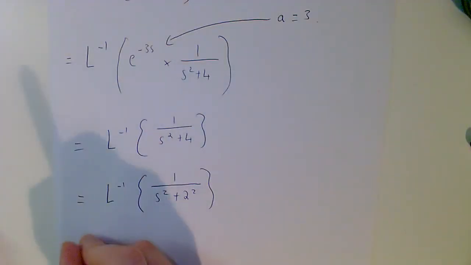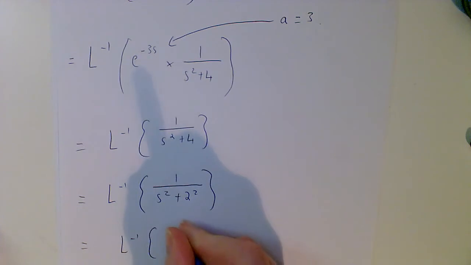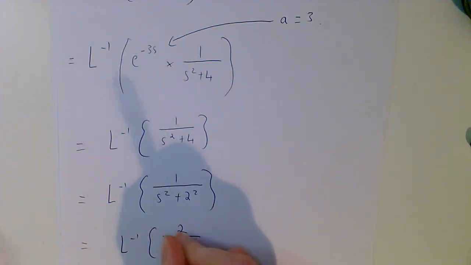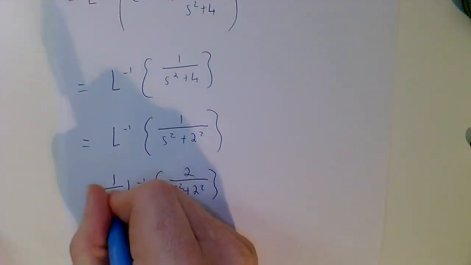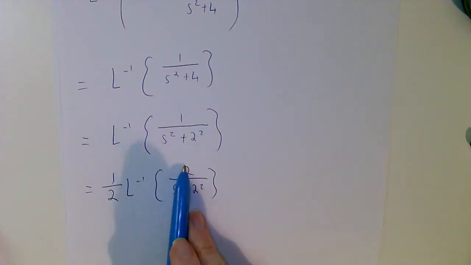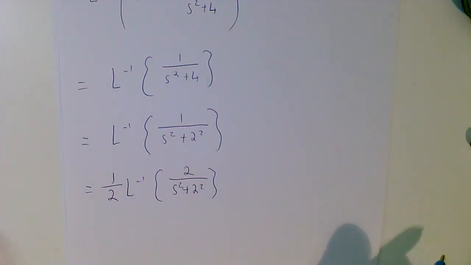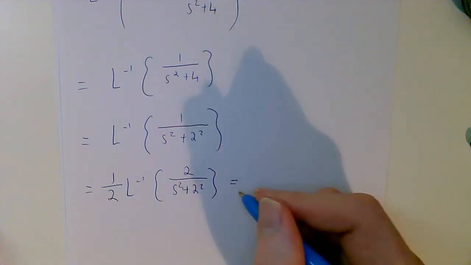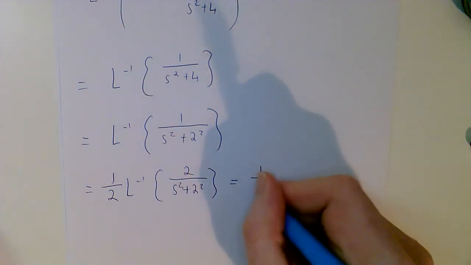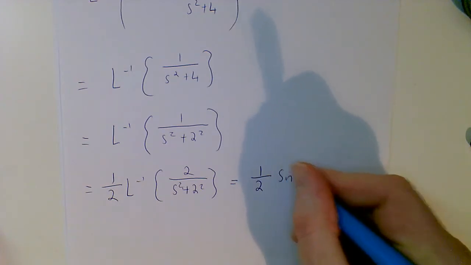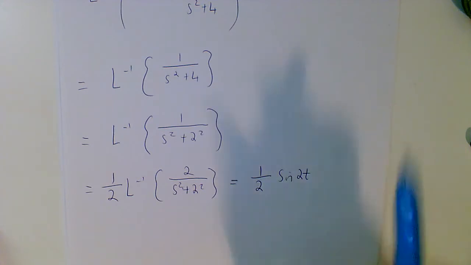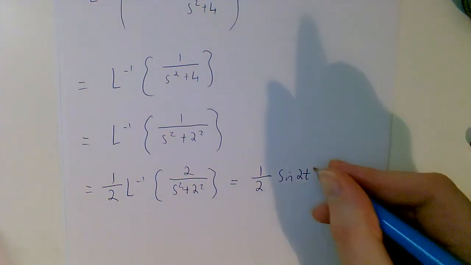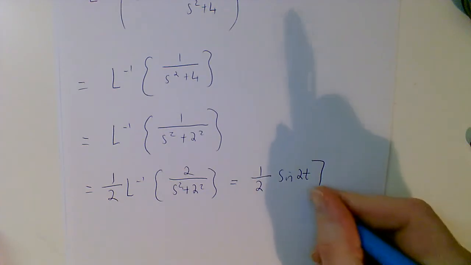So I need to have 2 over s squared plus 2 squared, which means I need, in order to make that work, to take out a half here, because a half multiplied by 2 gives me the thing I started with above. Which is just 1/2 sin 2t.